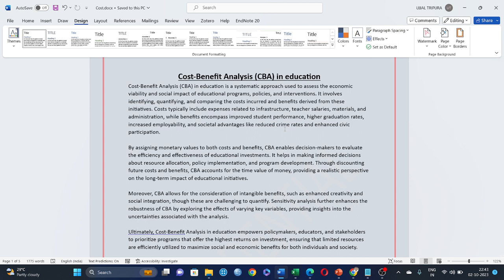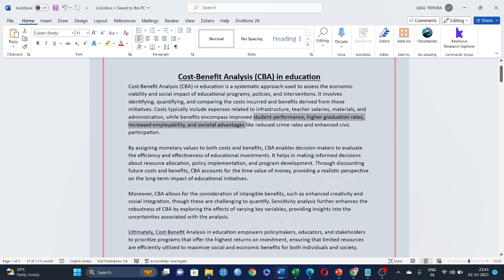It is a combination of two words. Cost is what the government is spending for salary, infrastructure, material and administration, right? And benefit, you can see here, is student performance rates and societal advantages. These are the benefits you can see here.